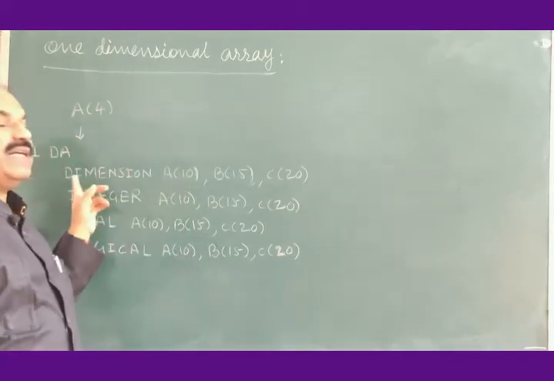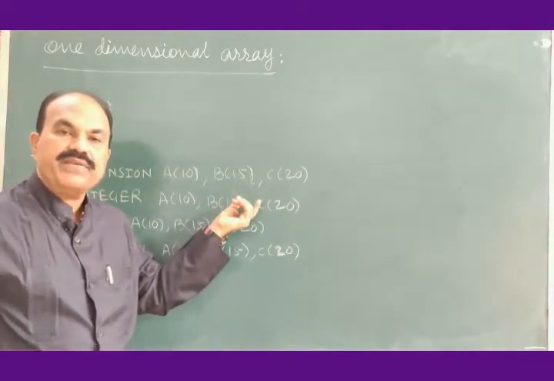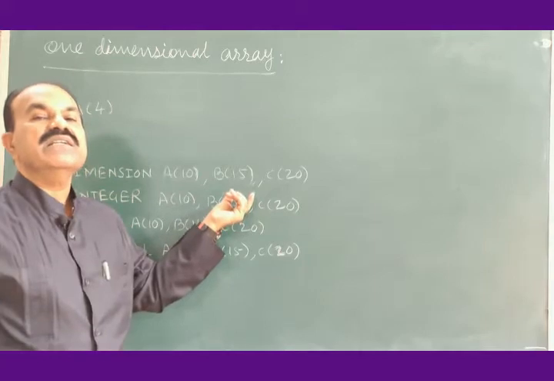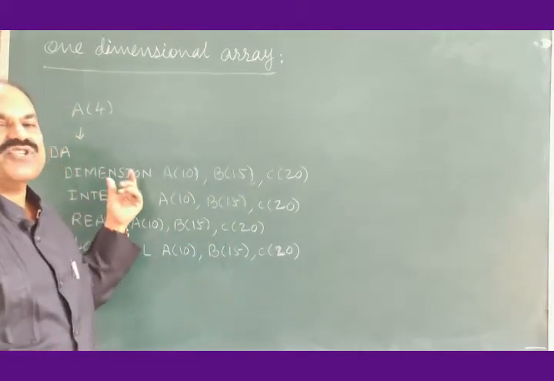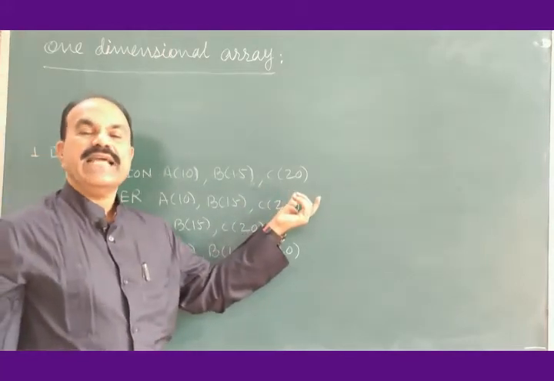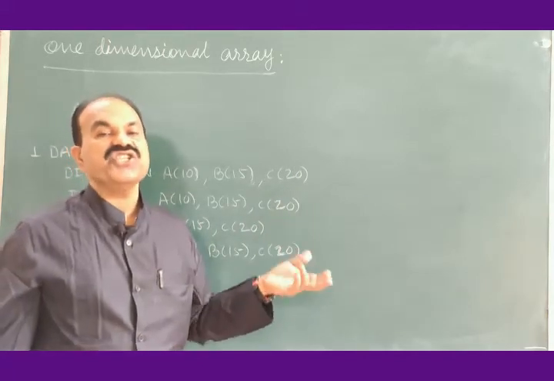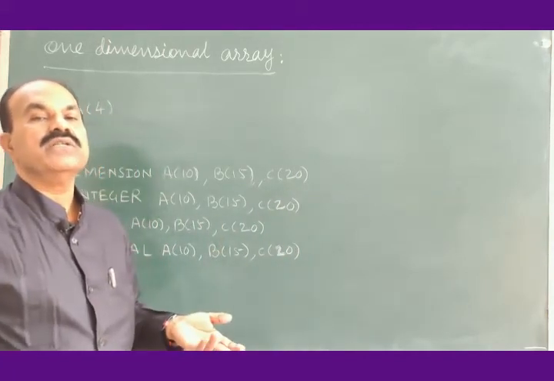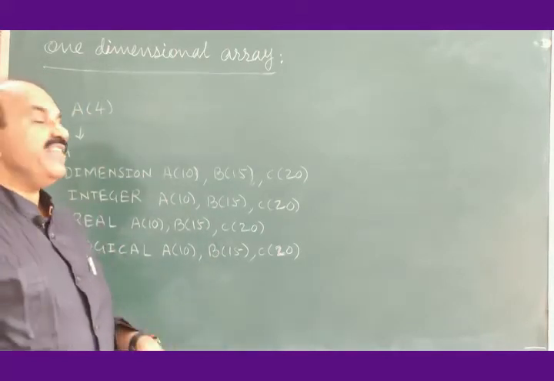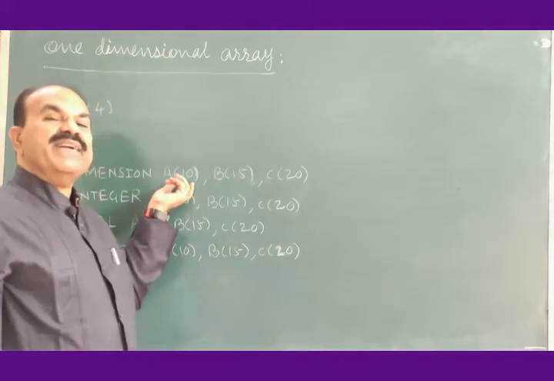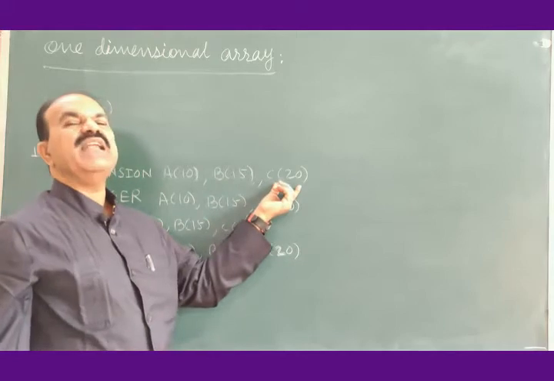Whether the elements of array A, B or C are integer, real, logical or character is not defined by dimension. Dimension only defines how many elements each array has.